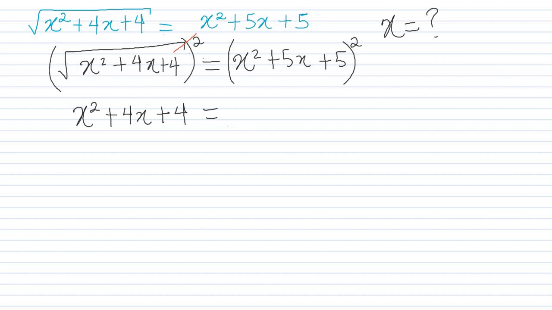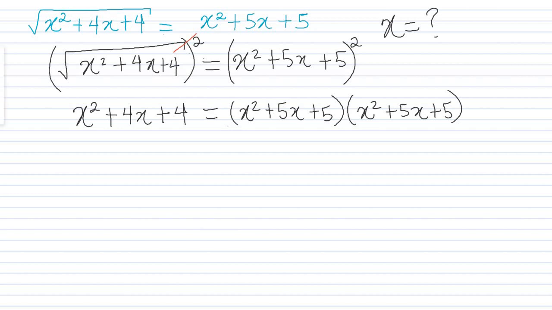On the right side, we end up with x squared plus 5x plus 5 multiplied by x squared plus 5x plus 5. Interesting. So this is what we have so far.